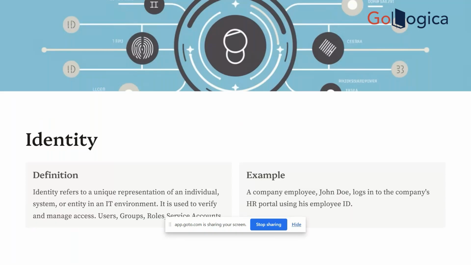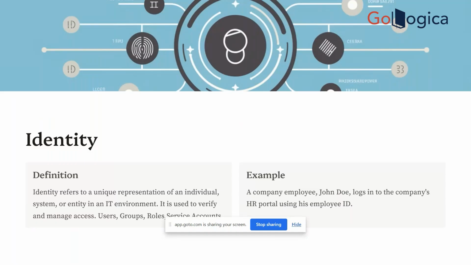Correct. Our identities play a role in terms of users. Either they are users, or a group of users, which we call groups. Or they have some roles like admin role, cyber security role, read only role, super admin role. These are also called an identity. And we have the service accounts.